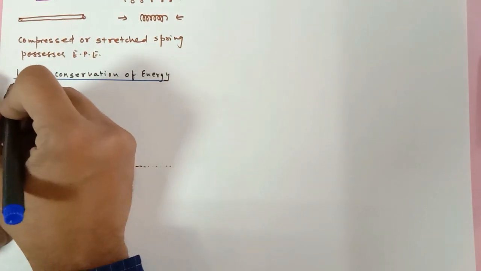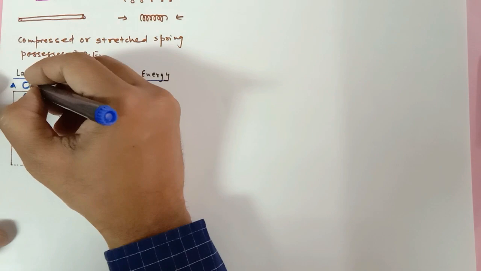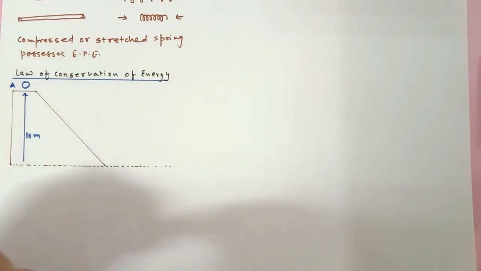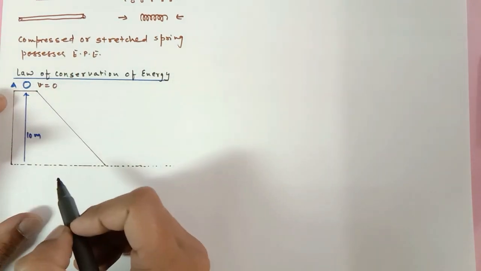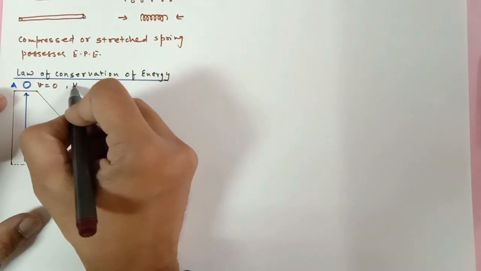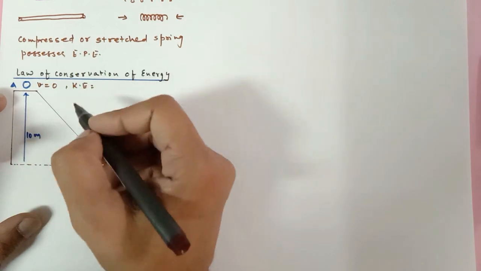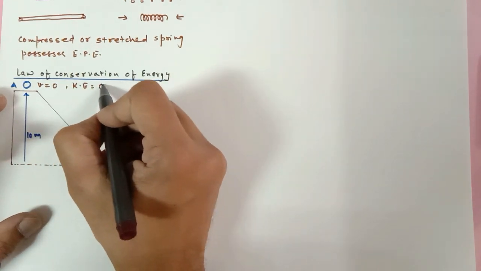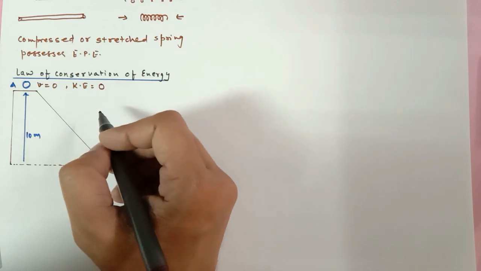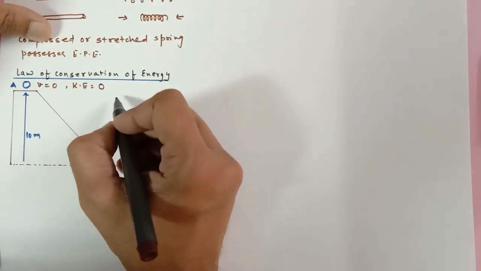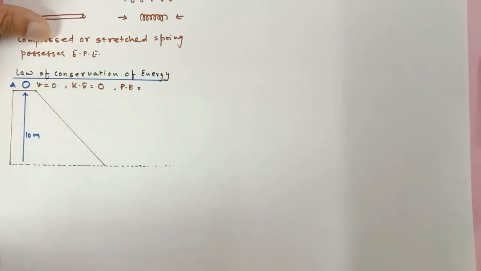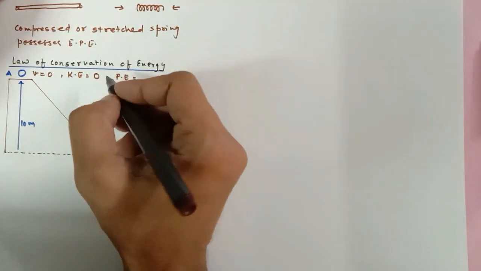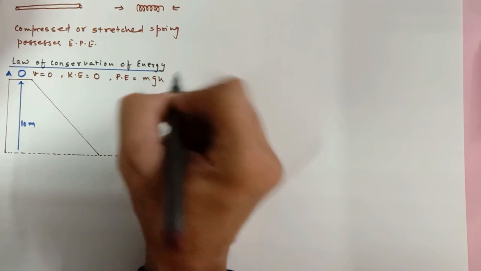So that means this place is A. Now this ball is being given a very gentle push, but the ball was at rest, people. The speed of the ball was 0 over here. So that means kinetic energy is half mv square, in that v is 0. So the kinetic energy is 0. Now if I find out the potential energy, that potential energy is mgh.